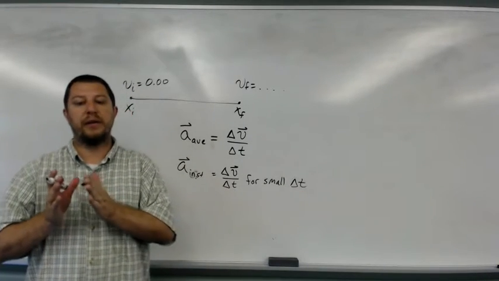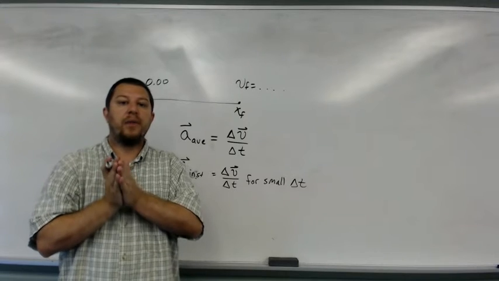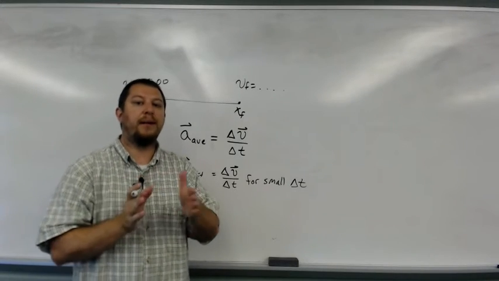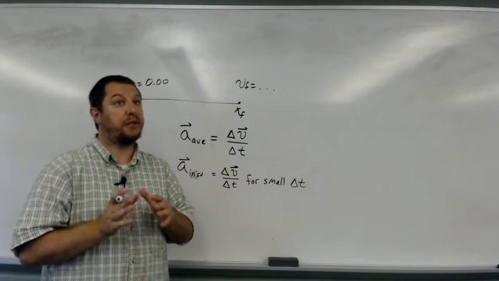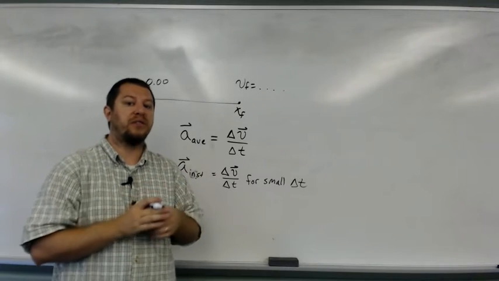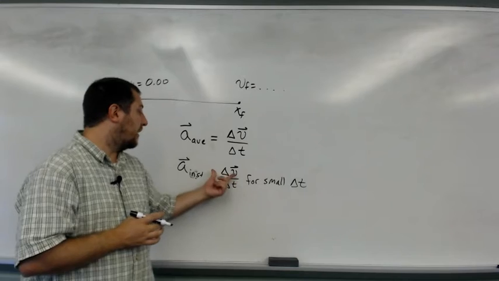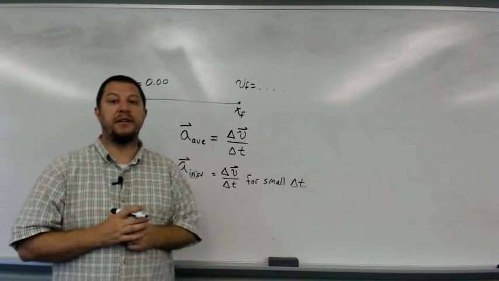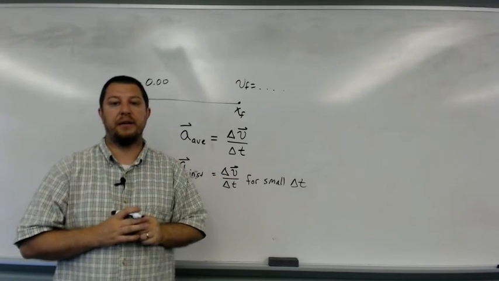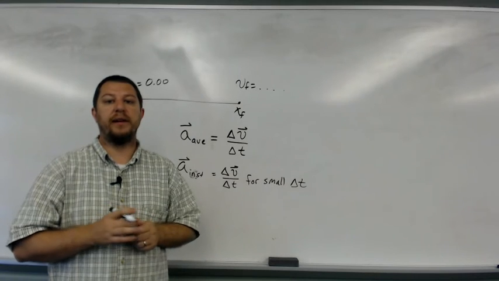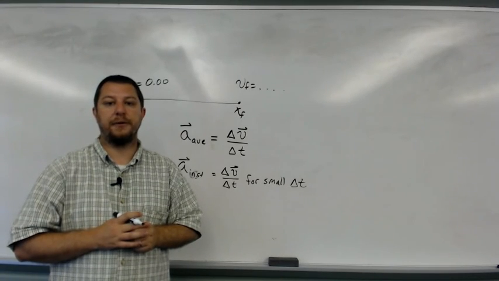So if you can imagine looking at your initial velocity, and a very short time later measuring your final velocity, then that will give you the acceleration you're experiencing at that particular instant in time. So in the next video, we will flesh out acceleration. All right, thanks.